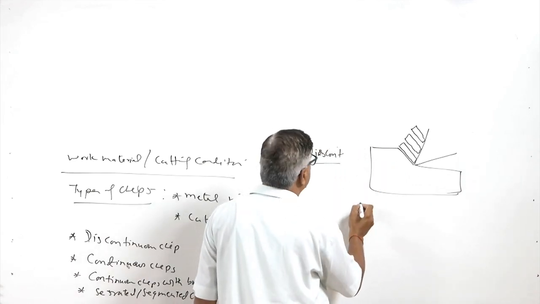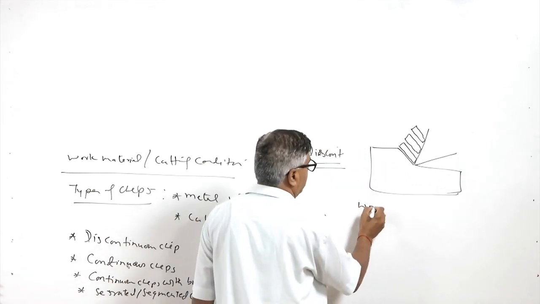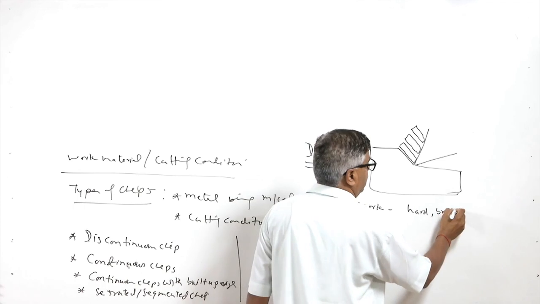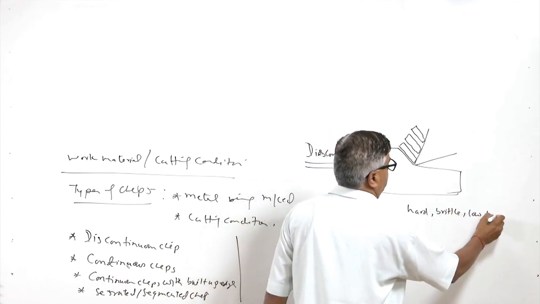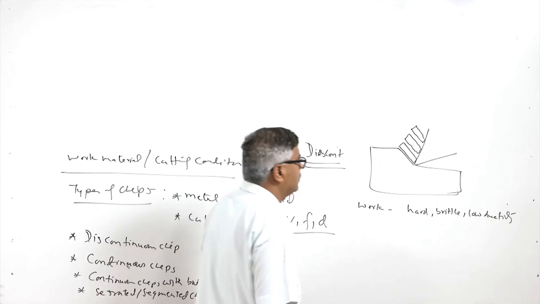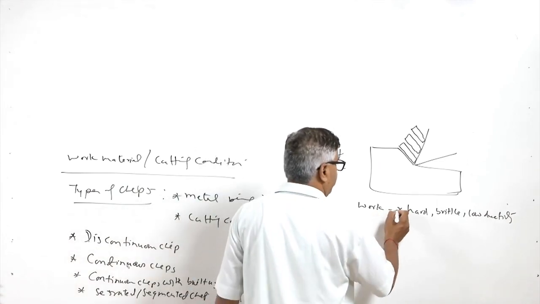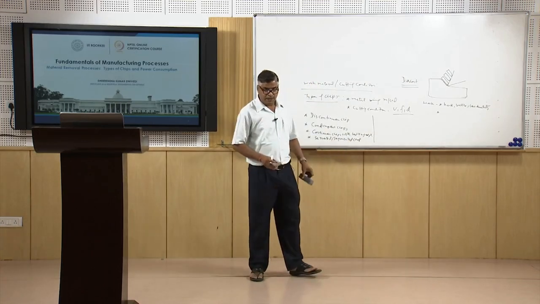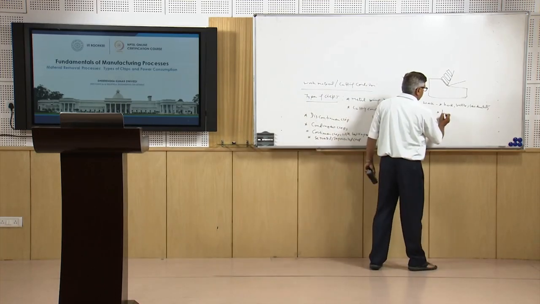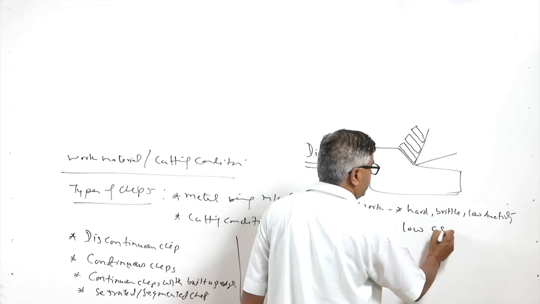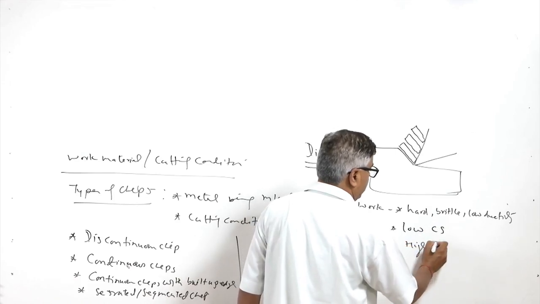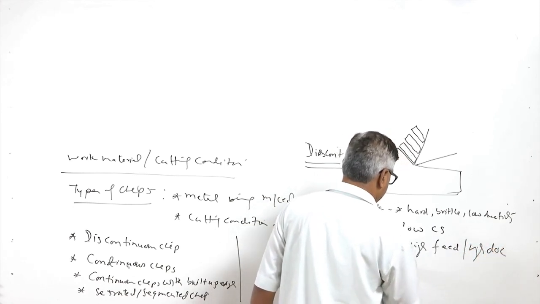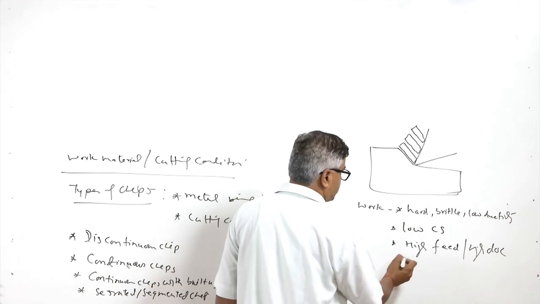So, discontinuous chips are formed when the work material is hard, brittle and of low ductility. So, this is about the work material. Among the cutting conditions, those which favor such chips include low cutting speed, and high feed rate and high depth of cut also favor discontinuous chip formation.